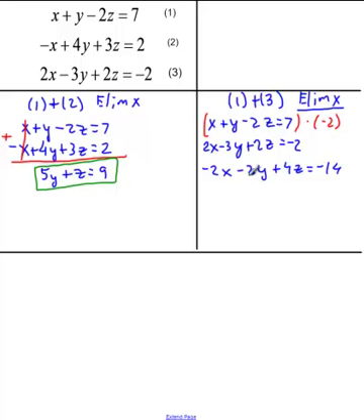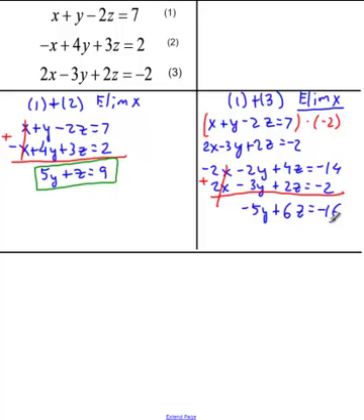The other equation I will copy down without changes: 2x minus 3y plus 2z equals negative 2. If I add them up, I will eliminate variable x, which I wanted to, and I will receive negative 5y plus 6z equals negative 16, and I will box this equation.